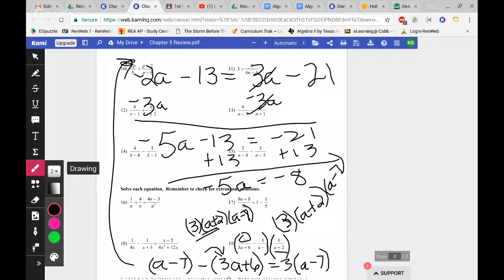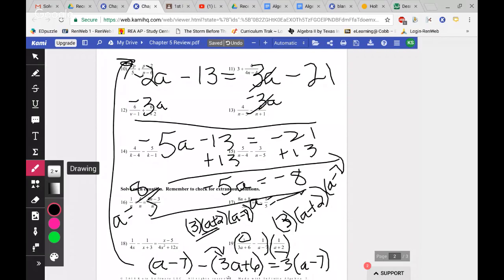Then I'm going to divide both sides by the negative 5. I'm going to write it over here. It's going to give me a positive, because a negative divided by a negative is a positive. So I'm going to have a positive 8/5 for a.